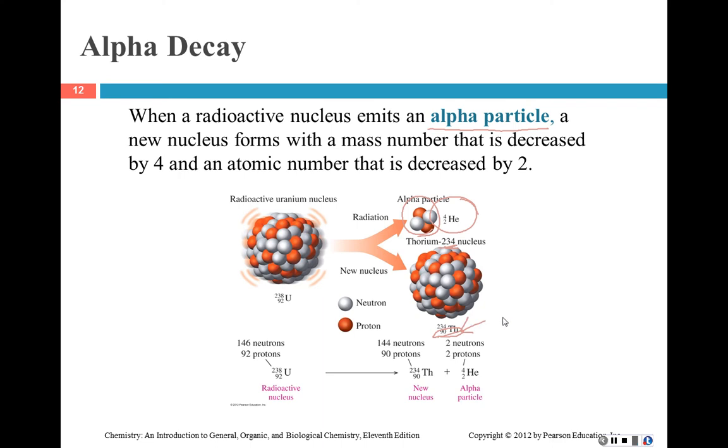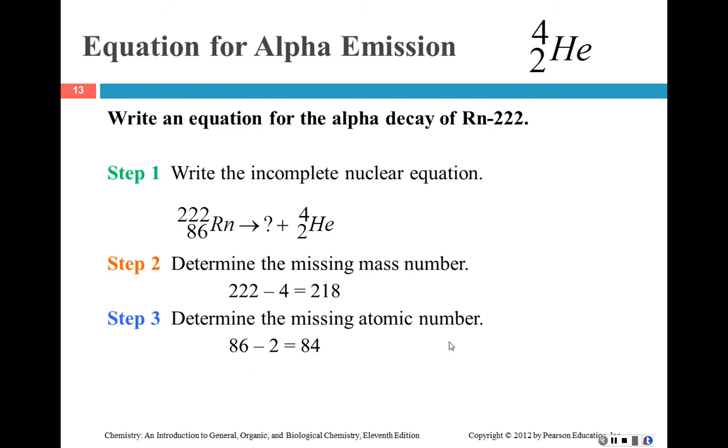All right, so you've decreased the mass by 4 and you've decreased the atomic number by 2, and so it's not uranium-238 anymore, because that's a 92 atomic number. It goes to something with a 90, and so it's thorium.